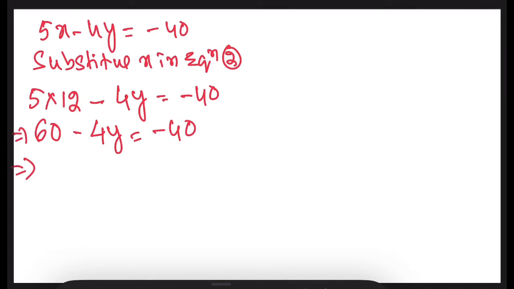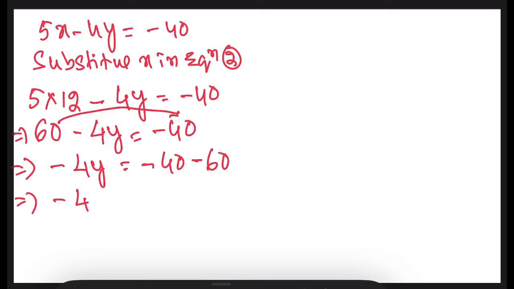Now, because we want to find the value of y, we shall make the 60 go to the other side. Minus 40 minus 60 will become minus 100. So minus 4y equals minus 100. Both sides have minus, so it will get cancelled.